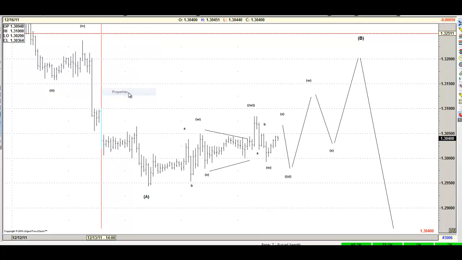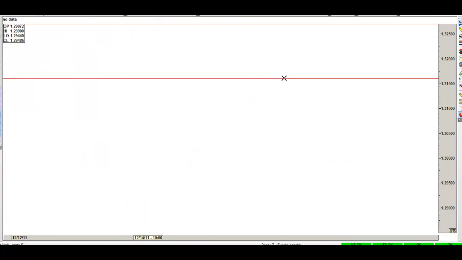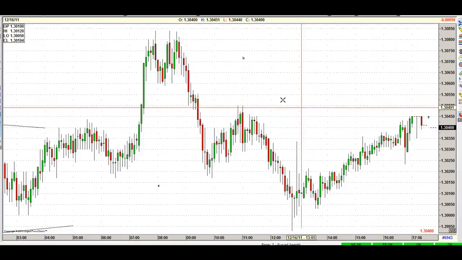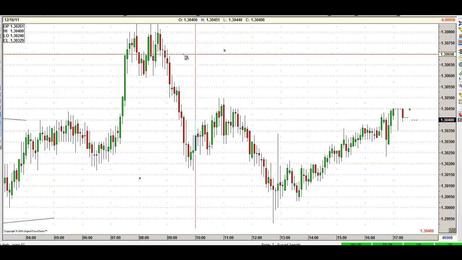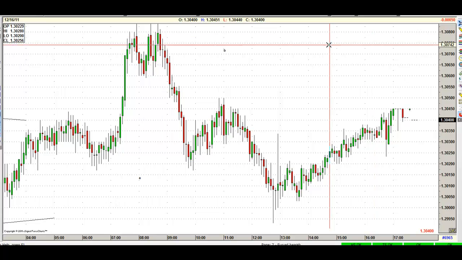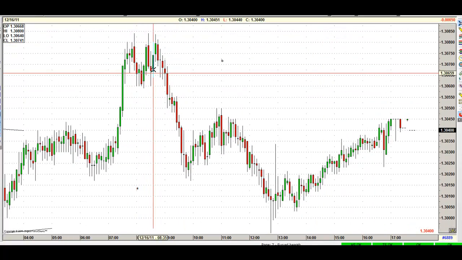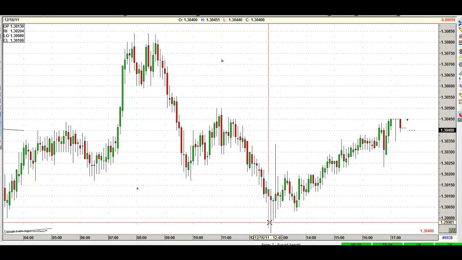Let me put the candles. It's very questionable. We've been discussing that on Friday in the room. These declines had the bigger correction in the middle. If you take a look right here at the top, I have 1, 2, 1, 2, and then I'm missing one wave to the downside.